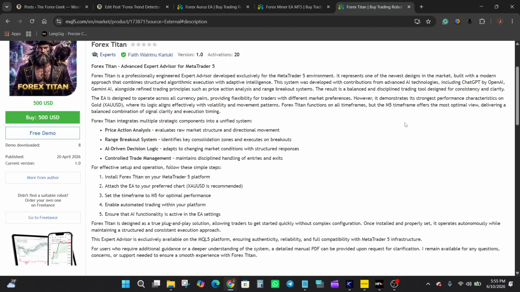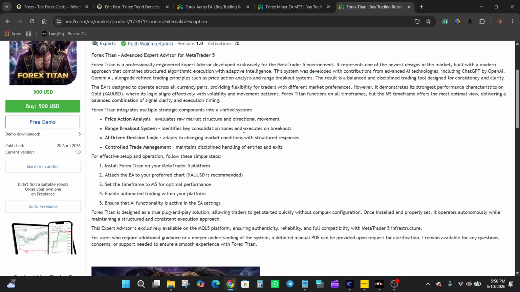All right. Now, moving into the core structure, Forex Titan combines a few key components. First is price action analysis, which focuses on interpreting raw market structure. Then there is a range breakout system that looks for consolidation zones and potential breakout movements. And finally, it mentions AI driven decision logic, which is described as helping the system adapt to changing market conditions.